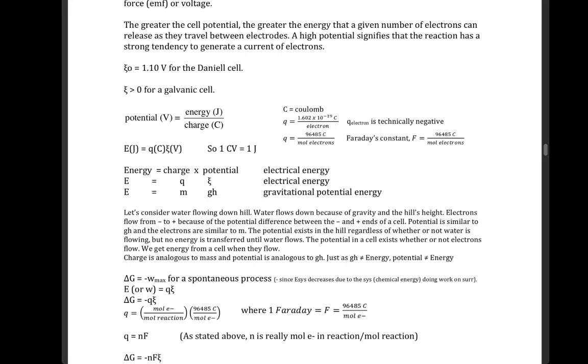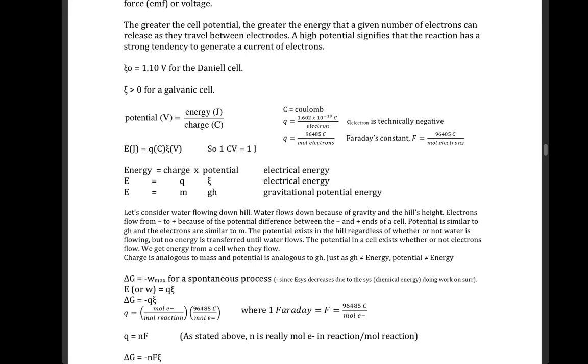Okay, so the potential in volts is equal to the energy in joules involved in the reaction divided by the charge, where the metric unit for charge is a coulomb. Now we're used to the charge of an electron being -1, but that's a relative quantity. The charge in coulomb units is equal to negative 1.602 times 10 to the minus 19 coulombs per electron.